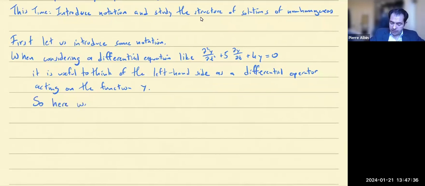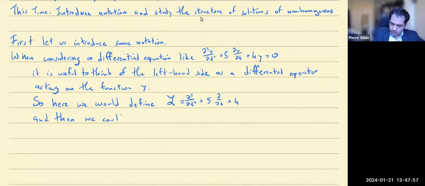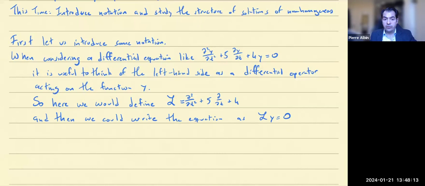So here we would define, say, curly L to be second derivative plus 5 times first derivative plus 4. And then we could write the equation in the more compact form as just looking for Ly equal to 0. We're looking for the y's such that Ly is equal to 0.